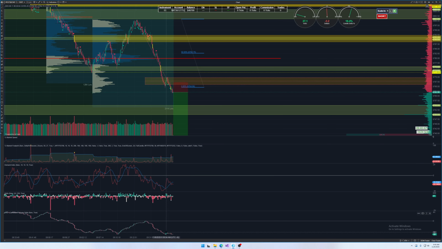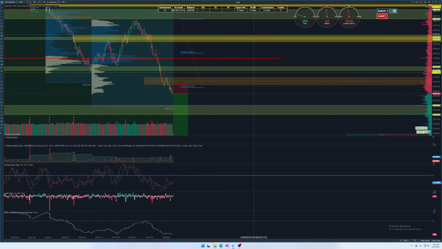The cumulative delta doesn't seem to have worked down again, so it looks a bit like here, if you look at it, but we only trade on locations, so patience, Jan, patience.